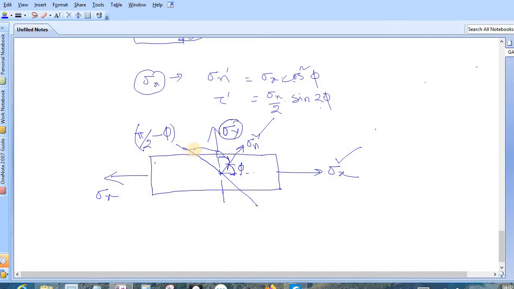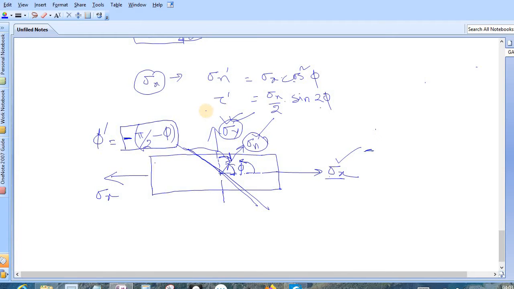Any doubt? But here you have measured this angle with respect to this stress in anti-clockwise direction, but here in clockwise direction. So you have to put a minus sign. So phi dash, or the angle due to this stress, for finding normal stress in this plane, is coming as minus multiplied with pi by 2 minus phi.